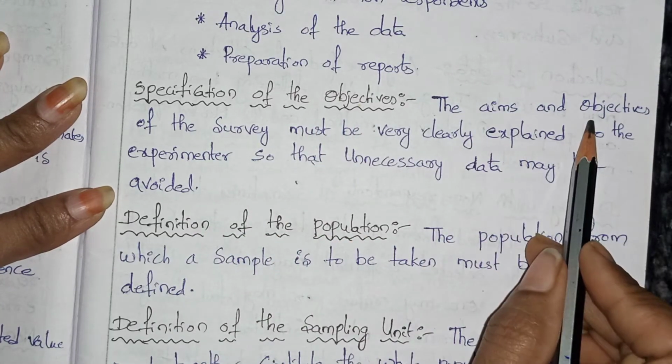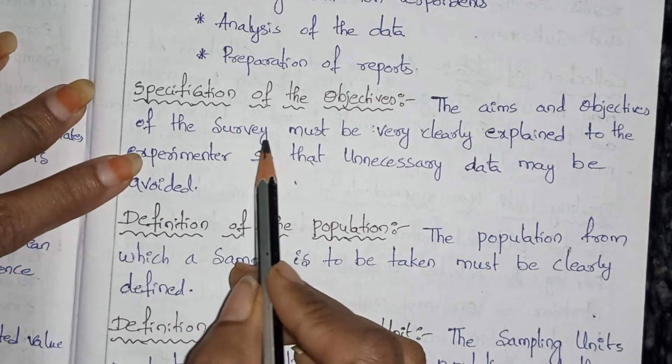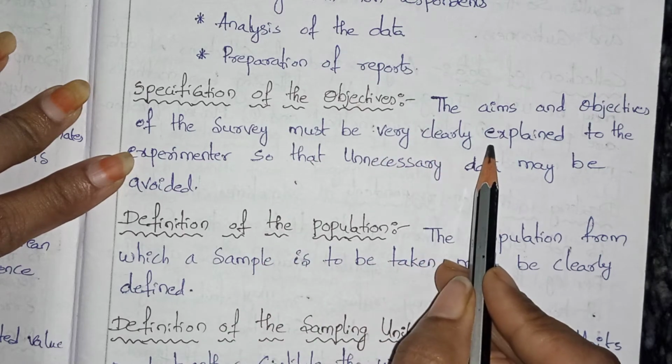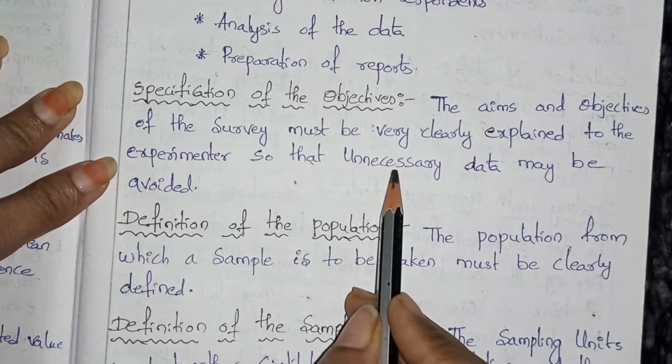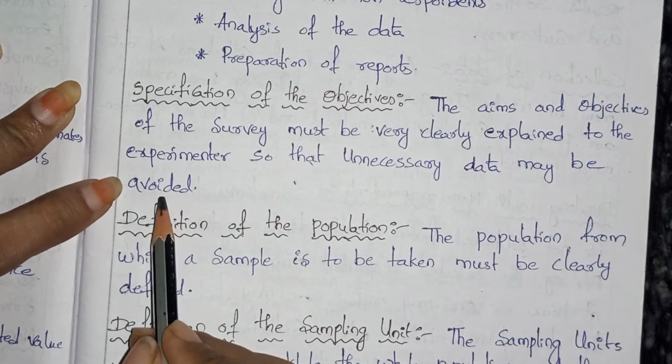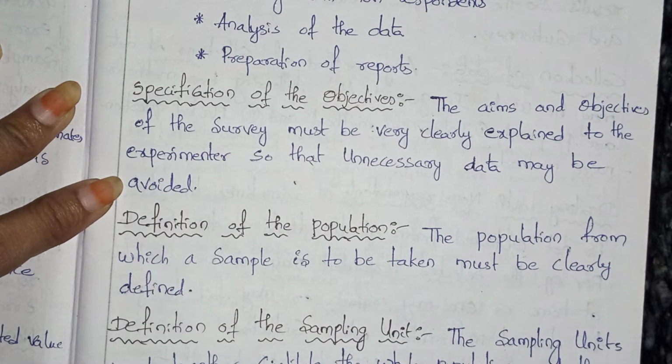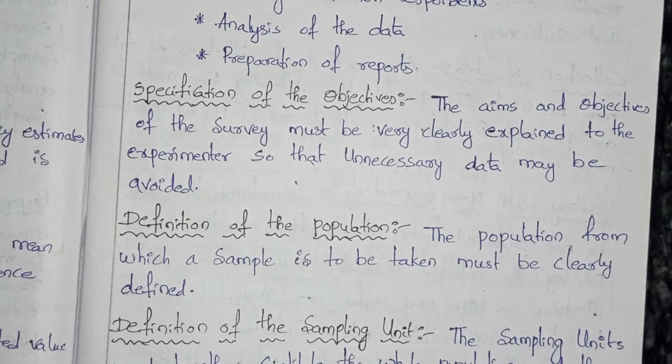The aims and objects of the survey must be very clearly explained to the experimenter, so that unnecessary data may be avoided. The person who is doing the survey, we have to explain to him what the aim and target of this survey is.